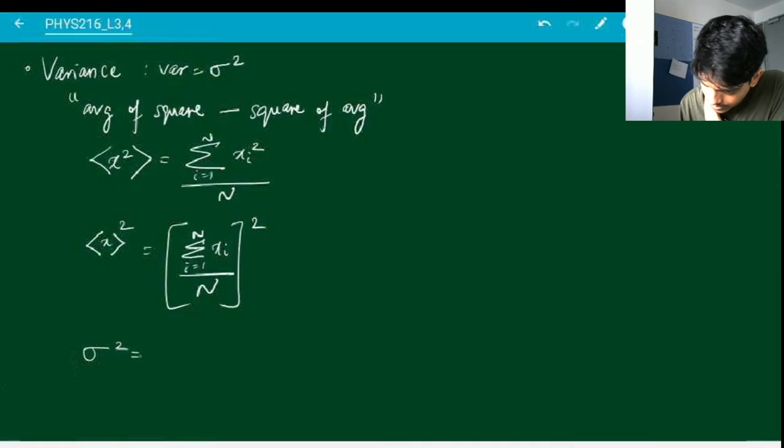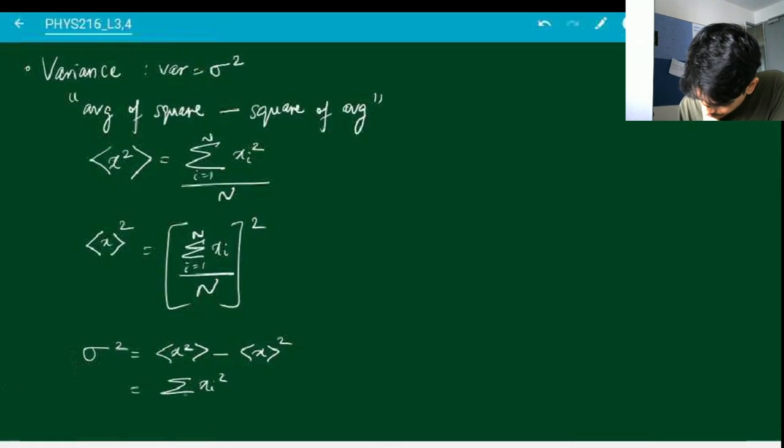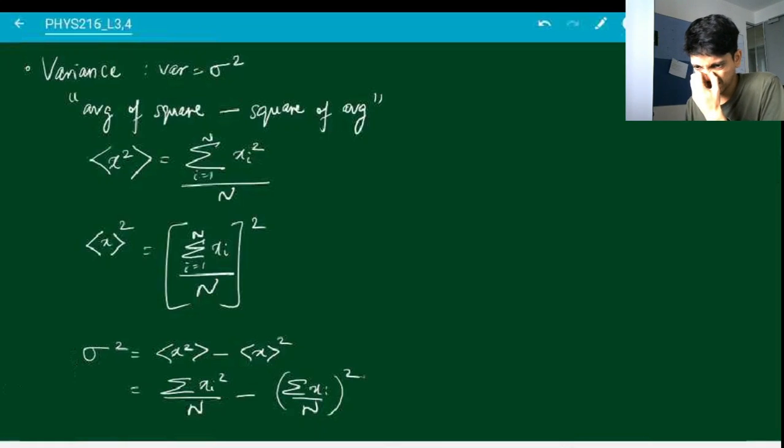So sigma squared is basically the average of the square minus the square of the average. So this is your formula.